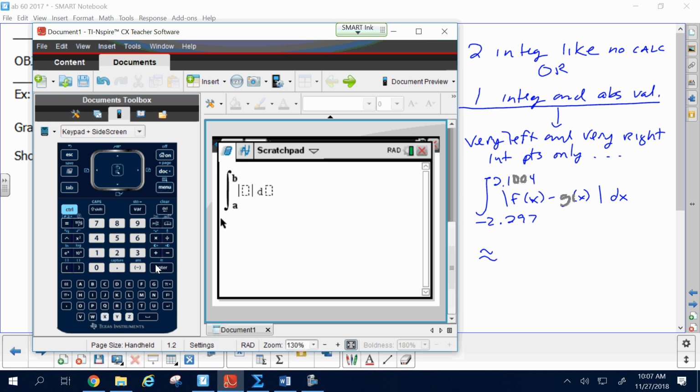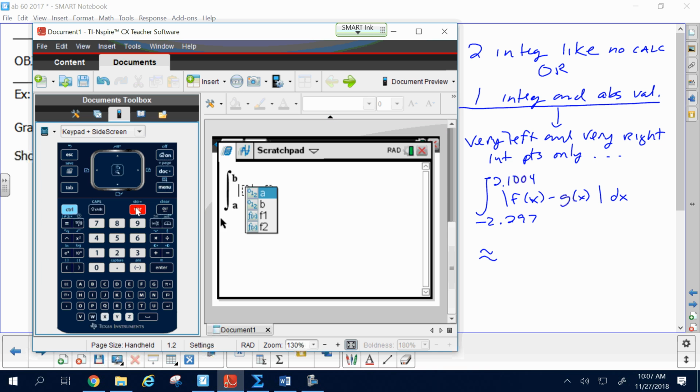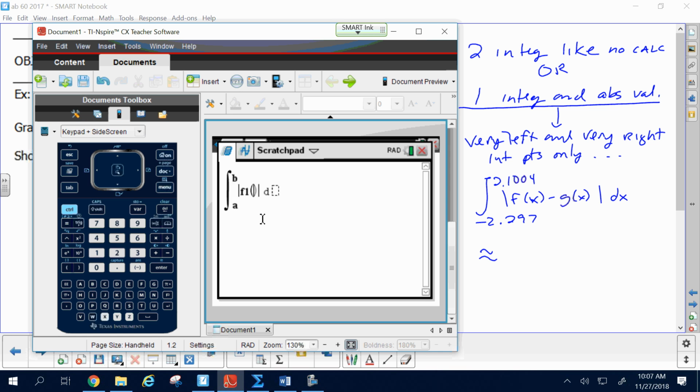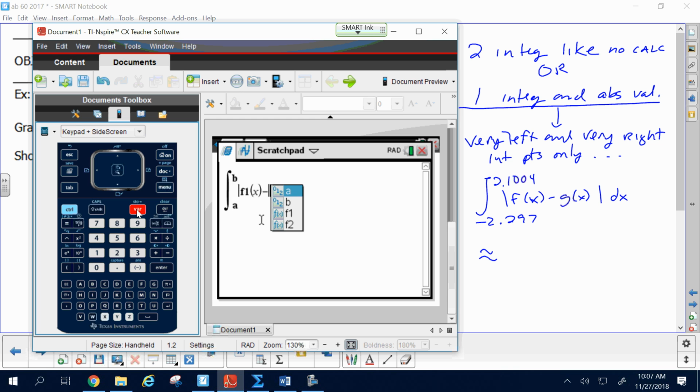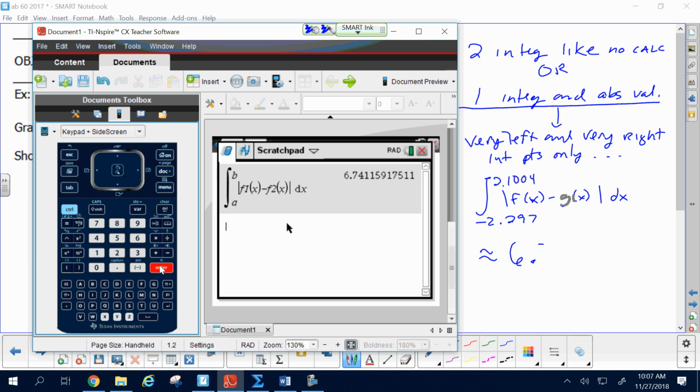And then you're just going to call up your functions. F1 of x minus F2 of x. The order wouldn't matter because you have absolute value. And I get 6.7411. Do you agree? Okay. And the absolute value makes that a lot easier.